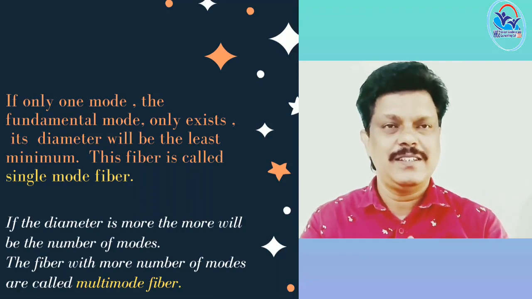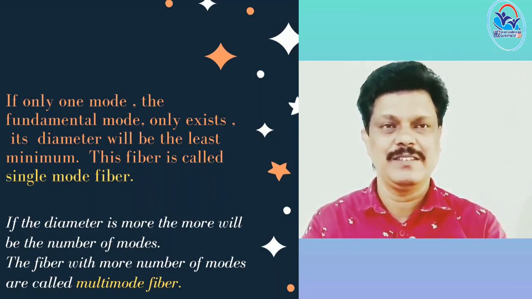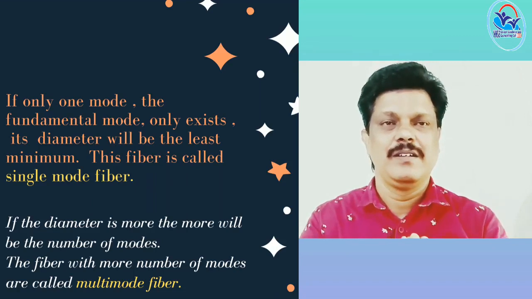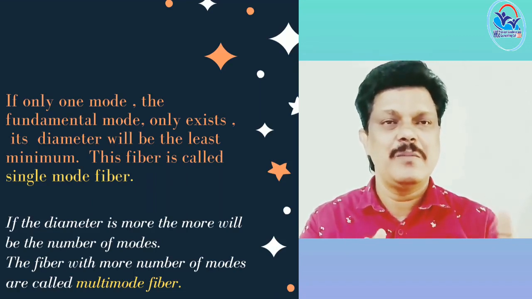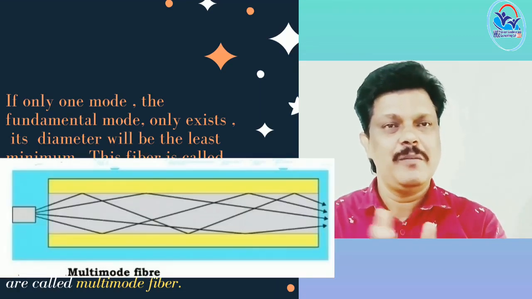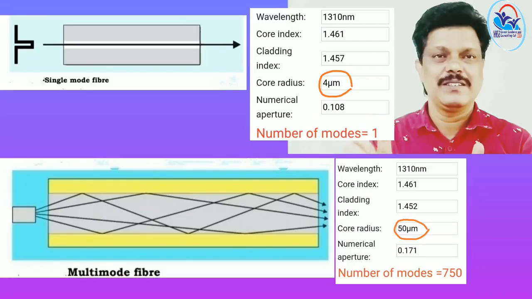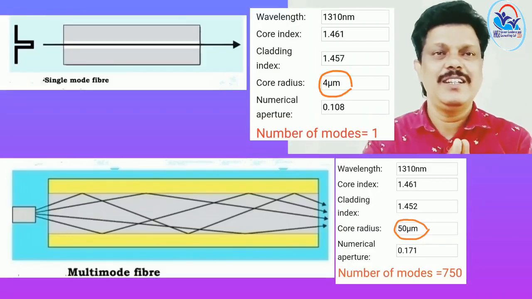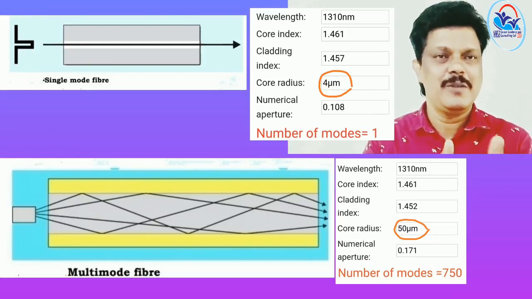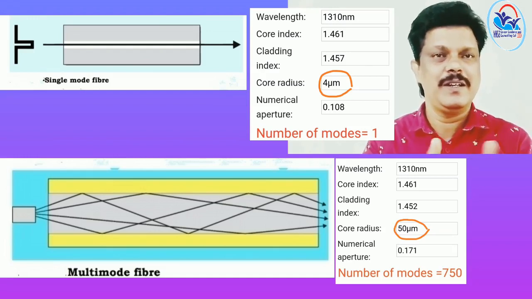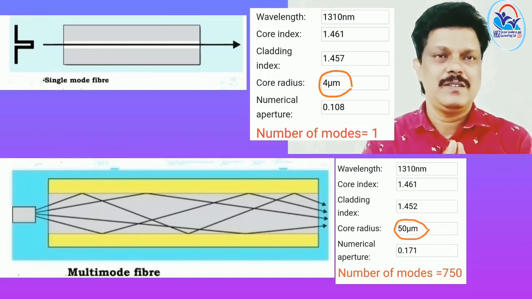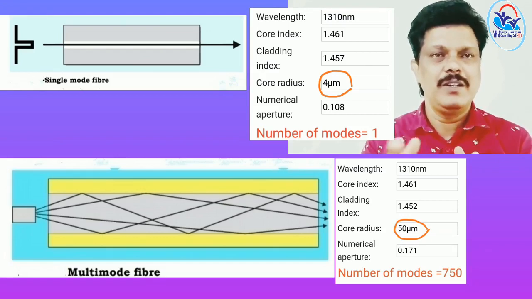Now you can understand that the diameter of the single mode fiber is only 10 micrometer, the least one. Whereas the diameter of the multi-mode fiber is way above 10 micrometer. You know that the diameter of the multi-mode fiber is 50 micrometer and above. You also have a 62.5 micrometer diameter with the multi-mode fibers.